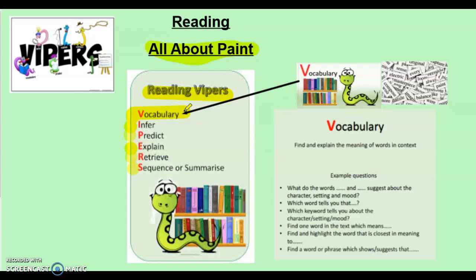We're going to look into the words that the author has used to have an impact on the reader, because the author has written it for a purpose, and we want to know what purpose each word has on the reader, and why they've used certain types of words. We're going to tune in to the different types of words to see why they've been used and to see what they mean.